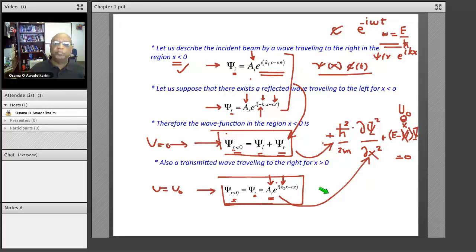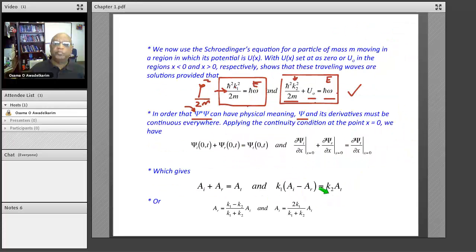This is exactly what is written here. This is our wave function on the left-hand side for x less than 0. This should be equal to our wave function on the right-hand side for x larger than 0, everything at x equals 0.